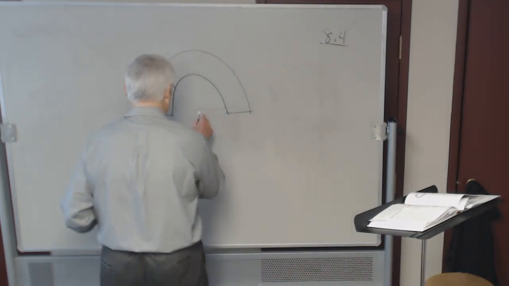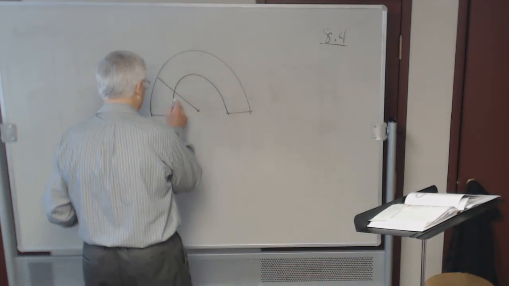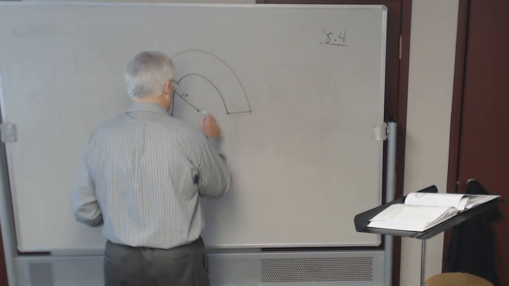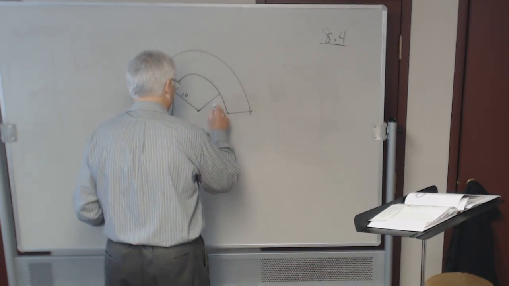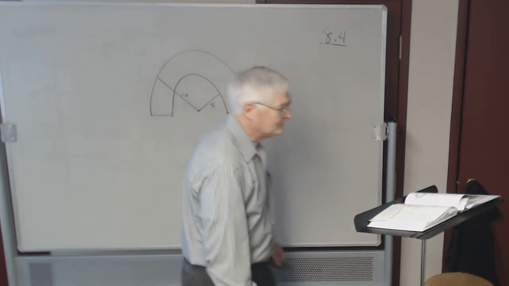And this semicircle has a radius of 10, and this semicircle has a radius of 5. Isn't that what it says?